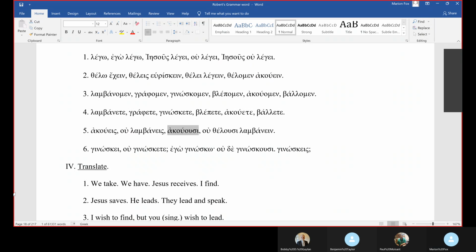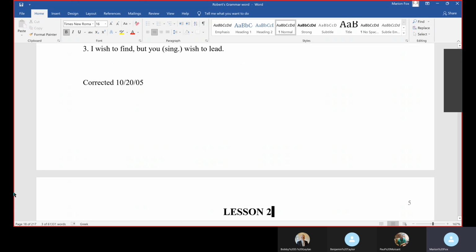Akouousi, they hear. A little bit lengthier here. Ou thelousi lambanein. They do not wish to take. They do not desire to take. Okay.